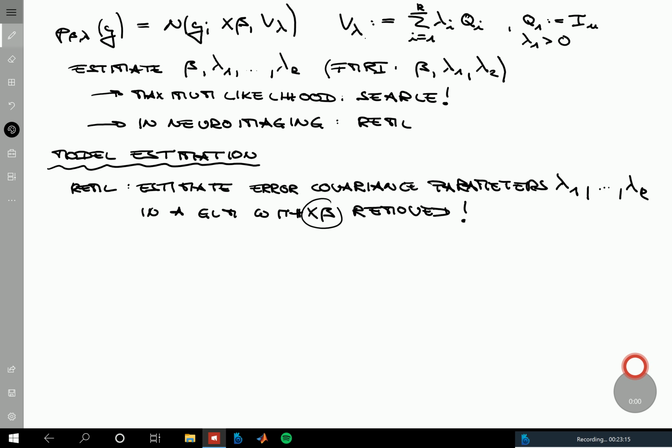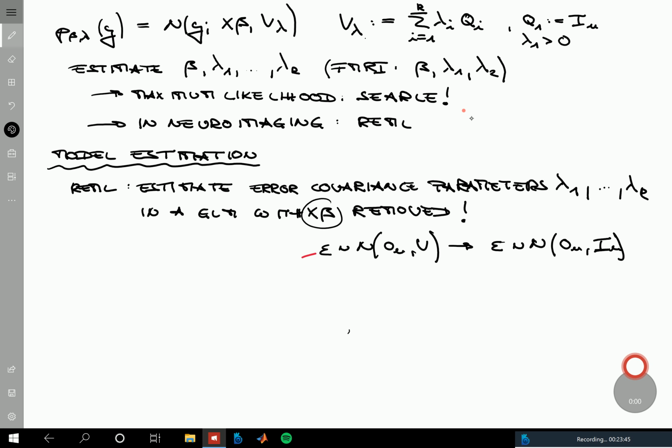The basic idea of generalized least squares was to make the error terms that were correlated uncorrelated, to get to a spherical GLM.